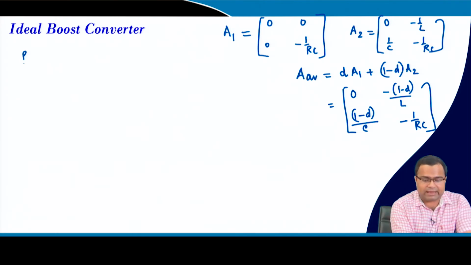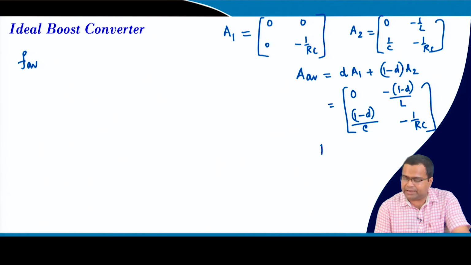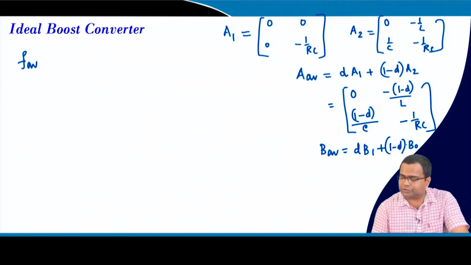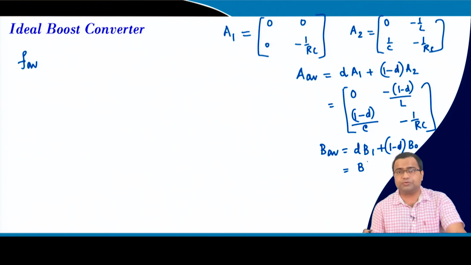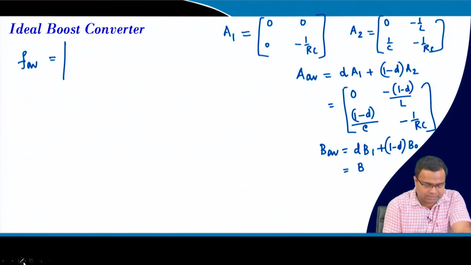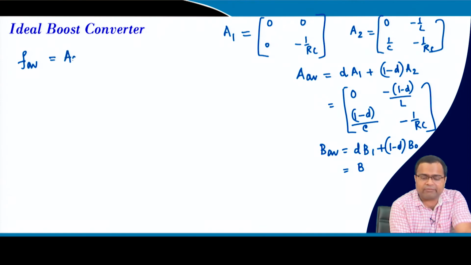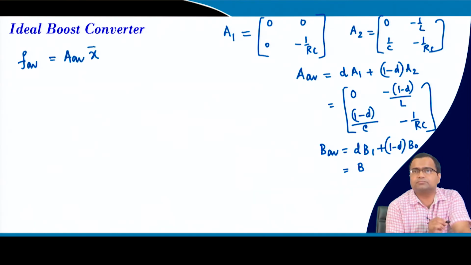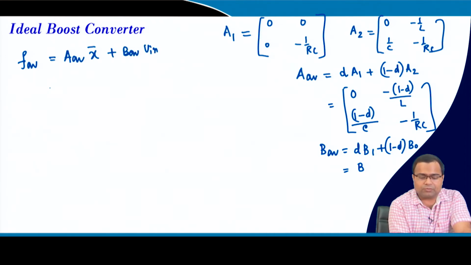Then what is my B average? Again D into B1 plus (1 minus D) into B0. Since these two matrices are the same, it is simply B, which is either B1 or B0, whatever, they are all equal. So, F average in a boost converter is nothing but A average into X plus B average into V. What is that?